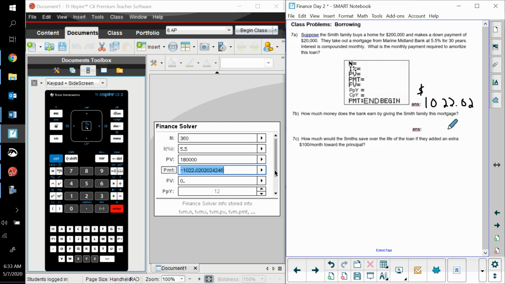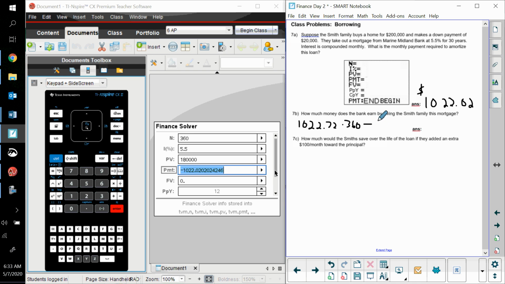So how much money did the bank actually earn from the family by giving this mortgage? Each month they're paying 1,022 times the 360 months for the life of the loan.